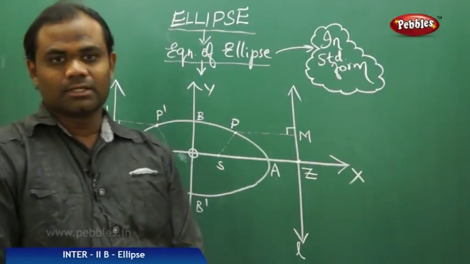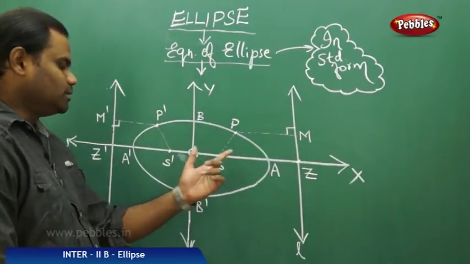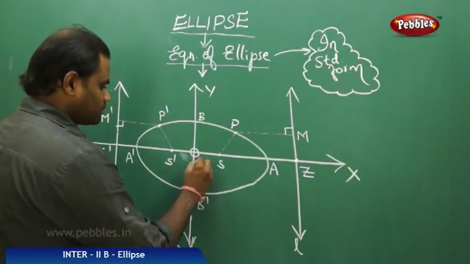This is how we get the whole of the ellipse with each of them defined in this way.